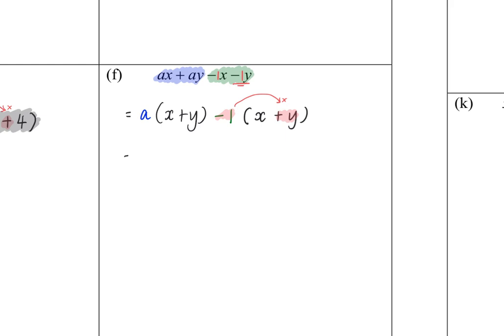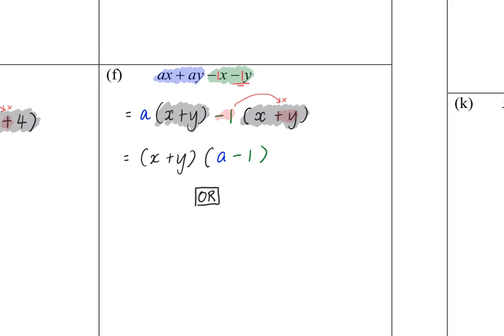And from here, I could continue to factorize easily now with x plus y as the common factor, and I'm left with a minus 1. That's a second version of doing things, which I'm going to share with you now.